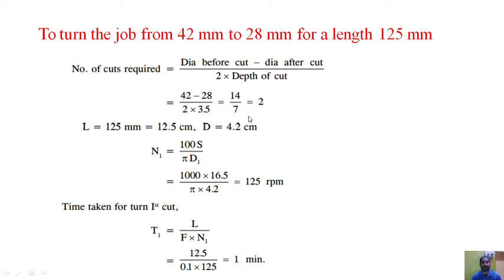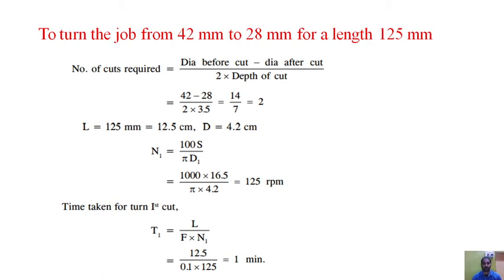In the first cut, if you give 3.5 mm depth of cut, 7 mm will be reduced. 42 minus 7 is 35. So in the first cut the diameter is reduced from 42 to 35 mm. In the second cut, the diameter will be reduced from 35 to 28 millimeter.